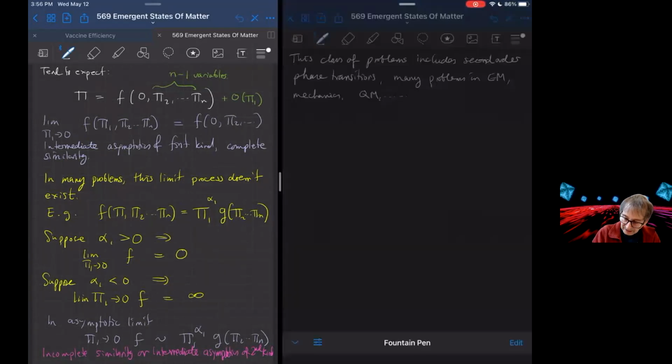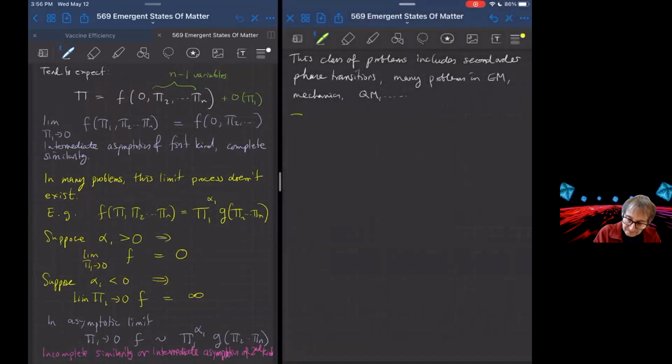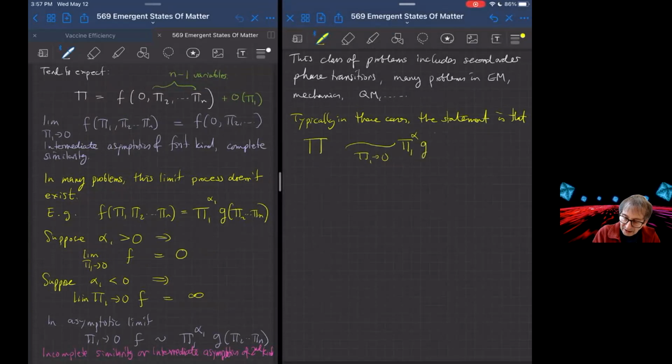So typically in these cases, the statement is that this function pi, this object that we want to understand, in the limit as pi1 goes to 0, has the following functional form. So it might well have pi1 going to some power alpha, and then we'll have this function g that I wrote down.